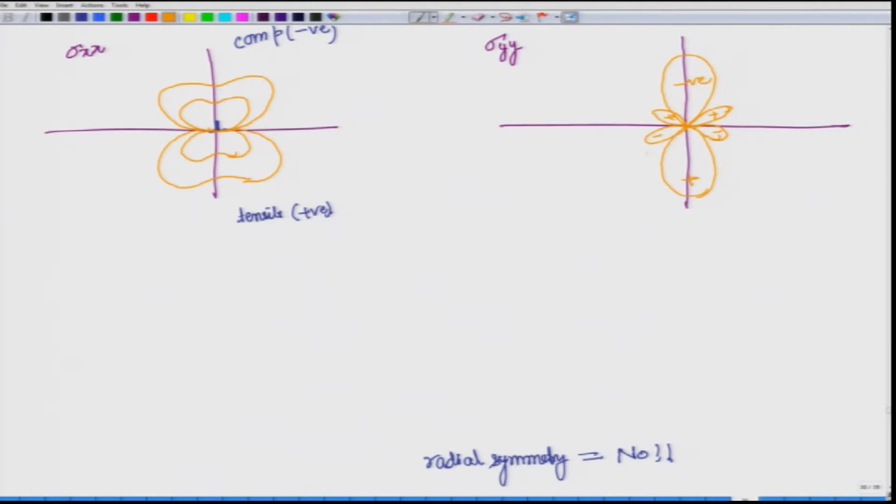So, you can draw a line here like this, which is at 45 degrees. And we will be able to draw the different stresses in different quadrants of the x y axis. We will come to that, but first let us look at other stress fields.